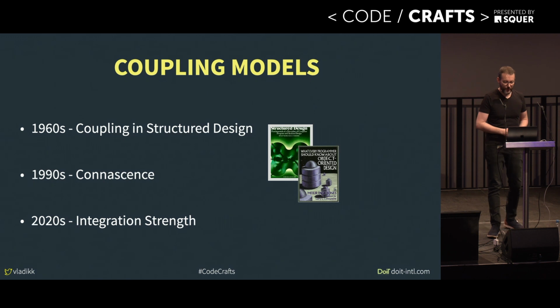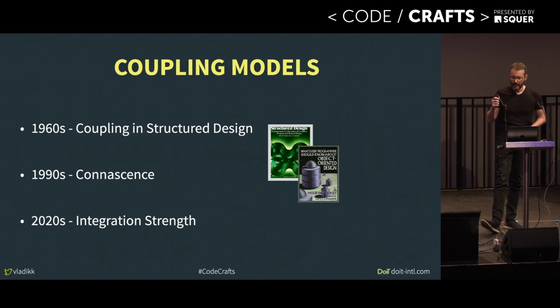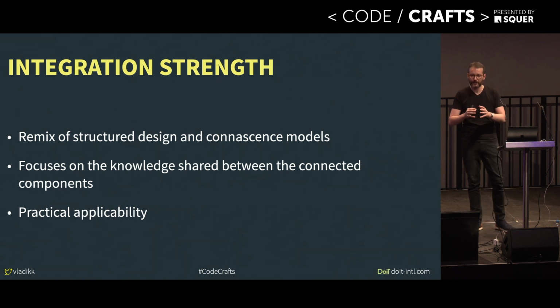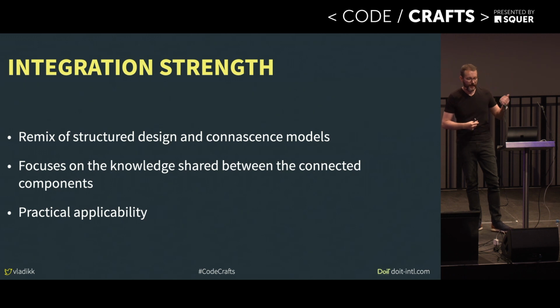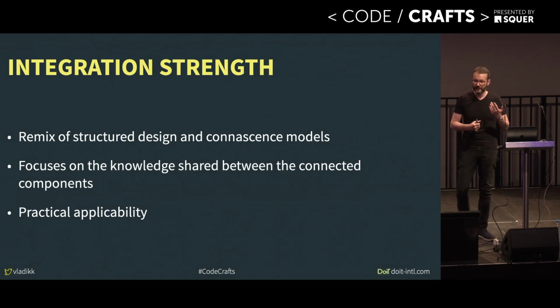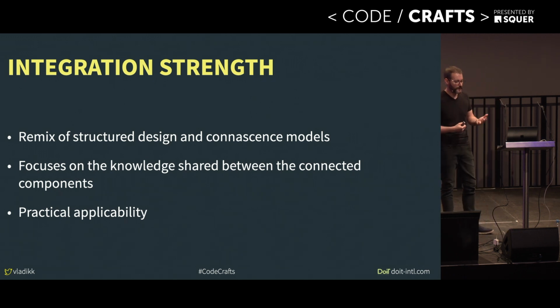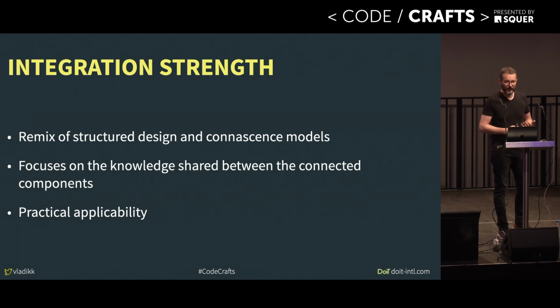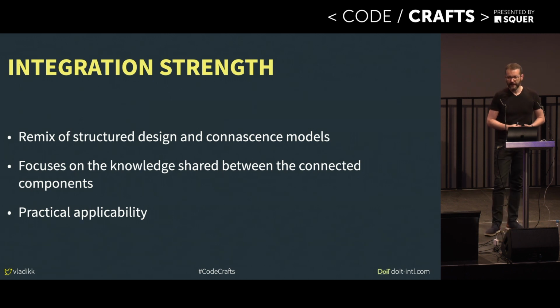So I want to share it with you, and the goal here is to remix the previous 2 models into a more coherent tool that we can use in additional situations that will give more precise results. It has to be practical. It should be easy to use without having to learn what external and common keywords mean in Fortran.